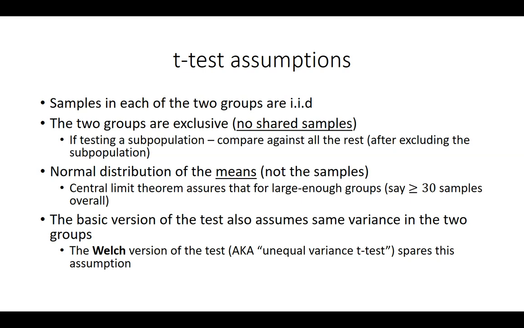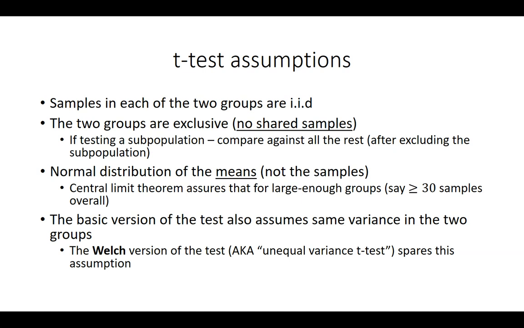Like we said, we have a normal distribution, but not a normal distribution of the samples, which is something people often confuse. Rather, what it assumes is a normal distribution of the means. And that's actually a much nicer assumption, because from probability theory we have the central limit theorem, which assures us that for large enough groups, no matter what the distribution is, at some point it will become normally distributed.